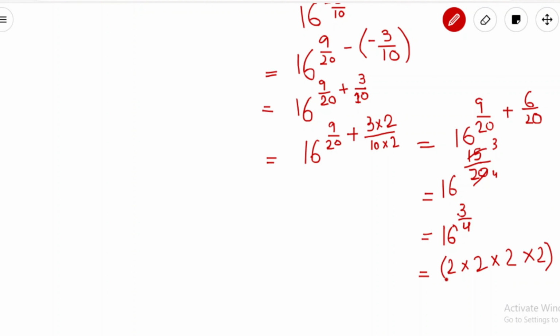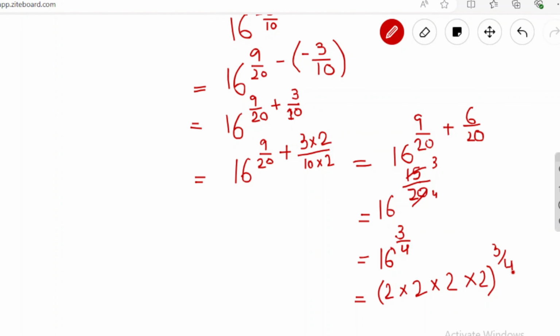So why did we do this? To simplify it further, because here it means third power and fourth root of the 16. Fourth root means we are looking for a number which can be written as a number multiplied with itself 4 times. And we do know when something is multiplied 4 times with itself, it's simply that number raised to the power 4.